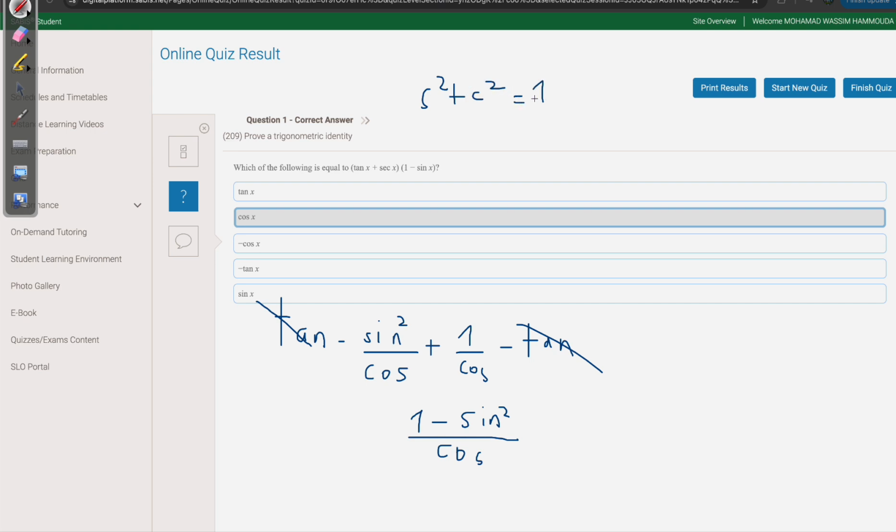So what is 1 minus sine squared? 1 minus sine squared should be equal to cosine squared. So cosine squared over cosine should be equal to cosine. As simple as that. And that's the right answer.